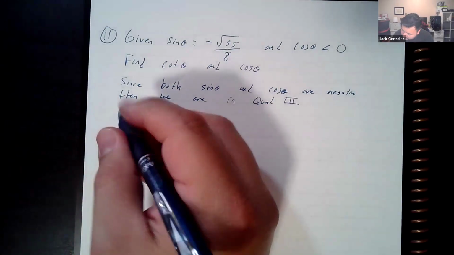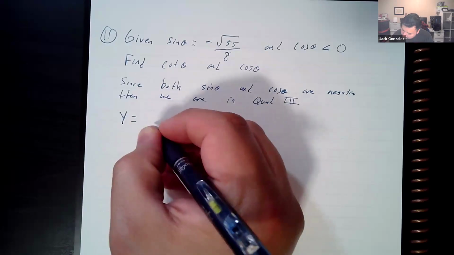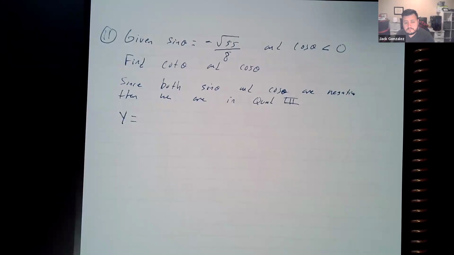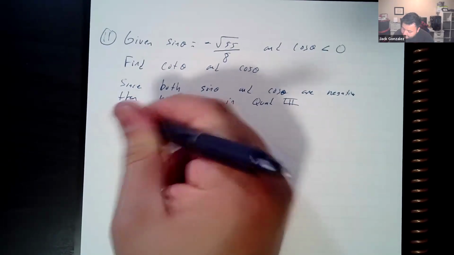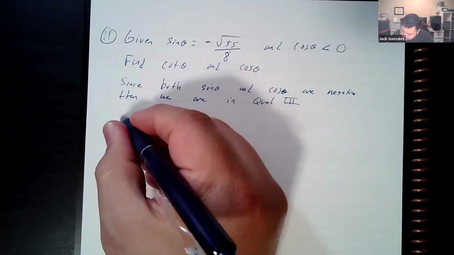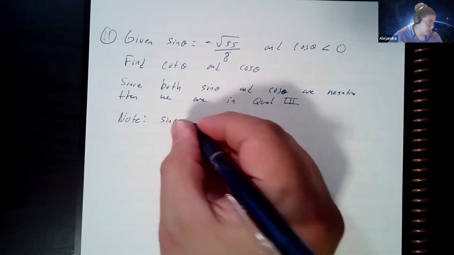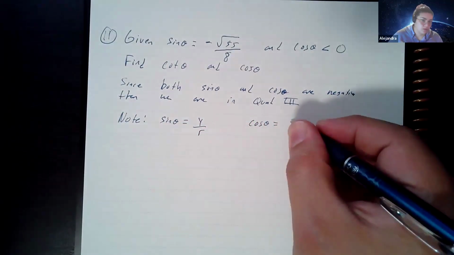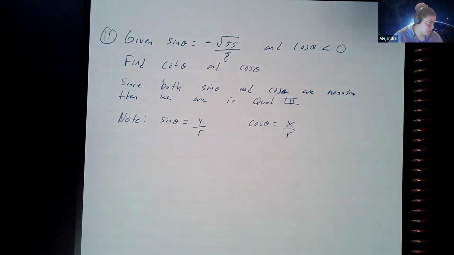Ready? So what is my y value? I'll make a note just in case you forgot. Sine is y, cosine is x.